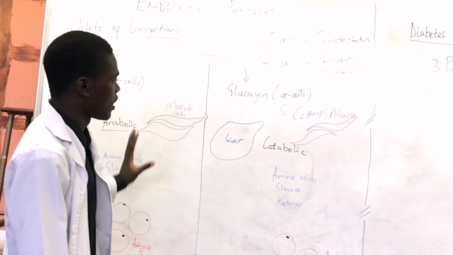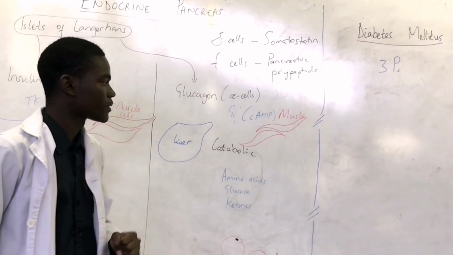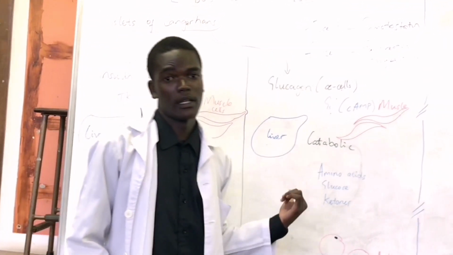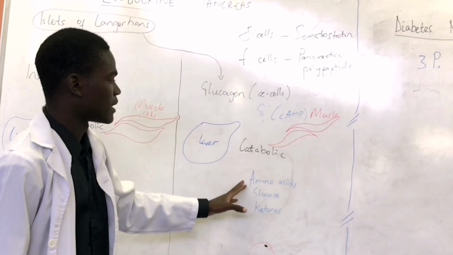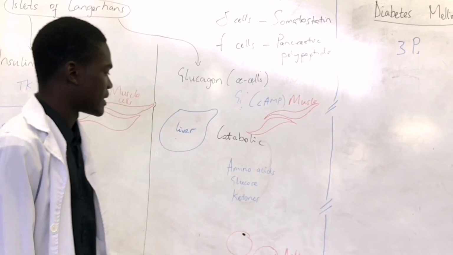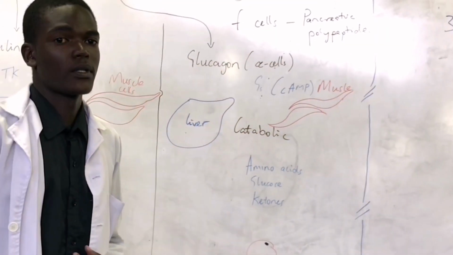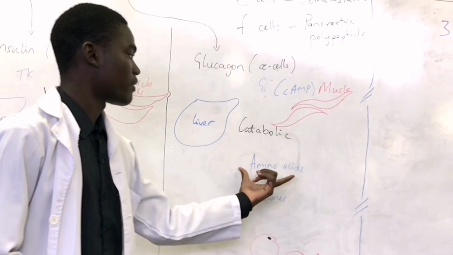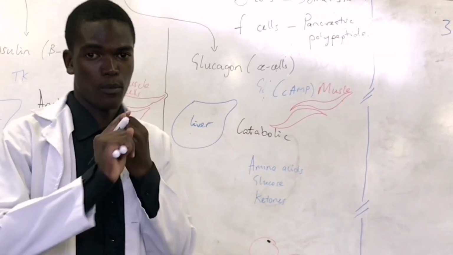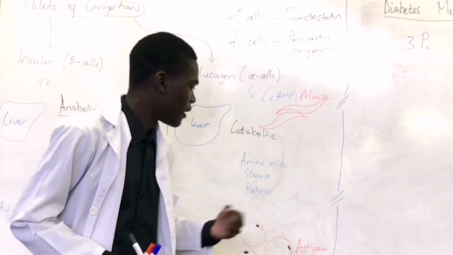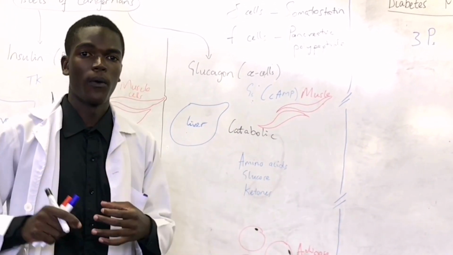And then glucagon is the opposite, which means whatever insulin does, we're opposing it here. We are decreasing amino acid uptake, decreasing glucose uptake, and decreasing ketone uptake, which means that we are going to have elevated levels of proteins in the blood, elevated levels of glucose in the blood, and elevated levels of ketones in the blood.